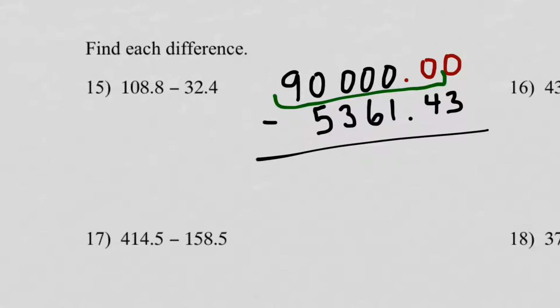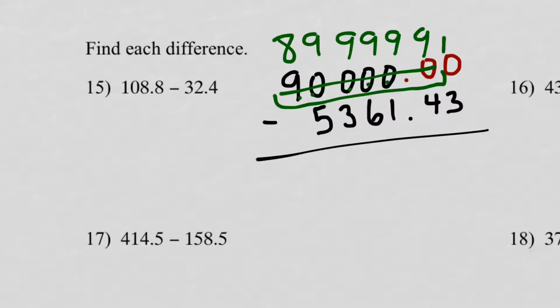So what we're going to do is, we go to each one and we keep running into zeros until we finally get to a 9. So I'm going to borrow from that one. And 1 less than 900,000 is 899,999. The number that I'm borrowing or regrouping is going there. And now I should be able to do my subtraction without any other problems.